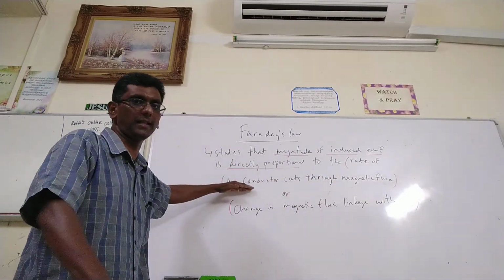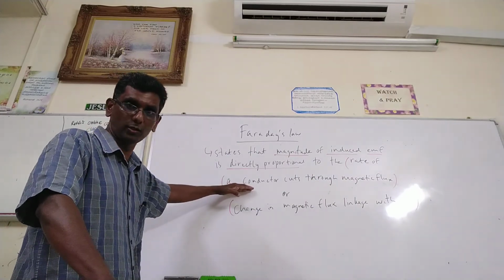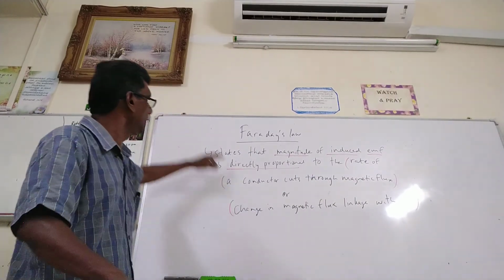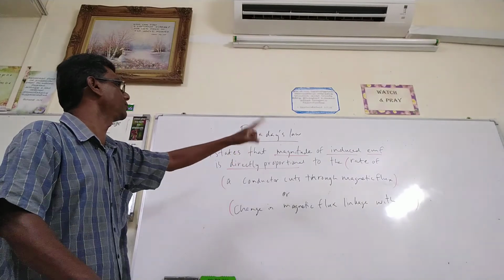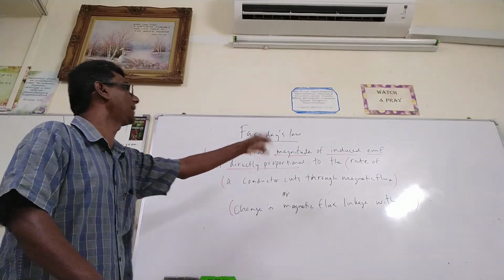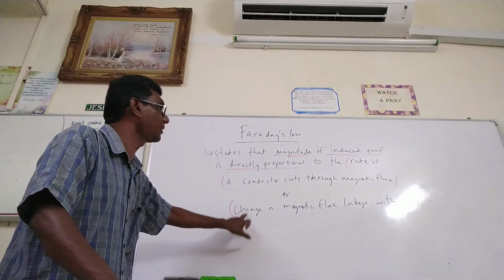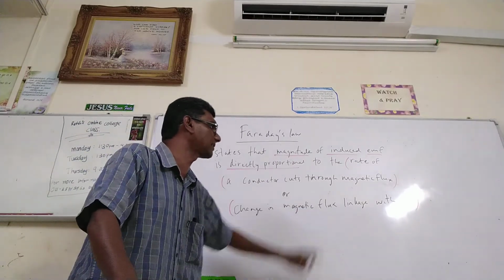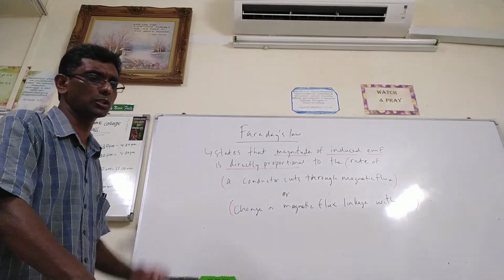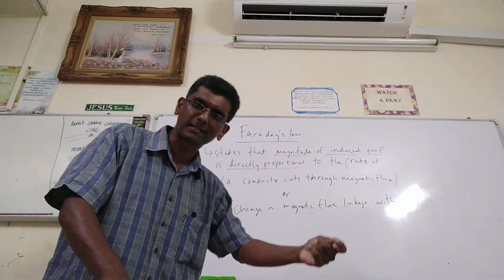That's one way you say the Faraday's law definition. Another way is the rate of change in magnetic flux linkage with the coil, because a coil also cuts the flux.